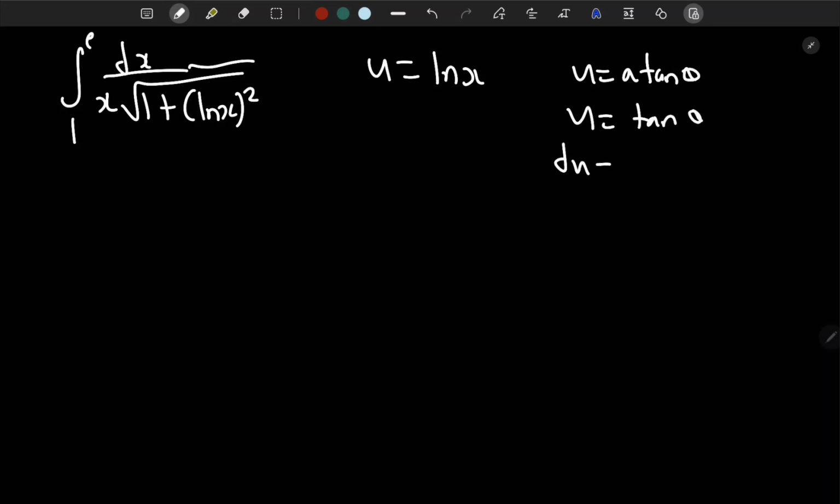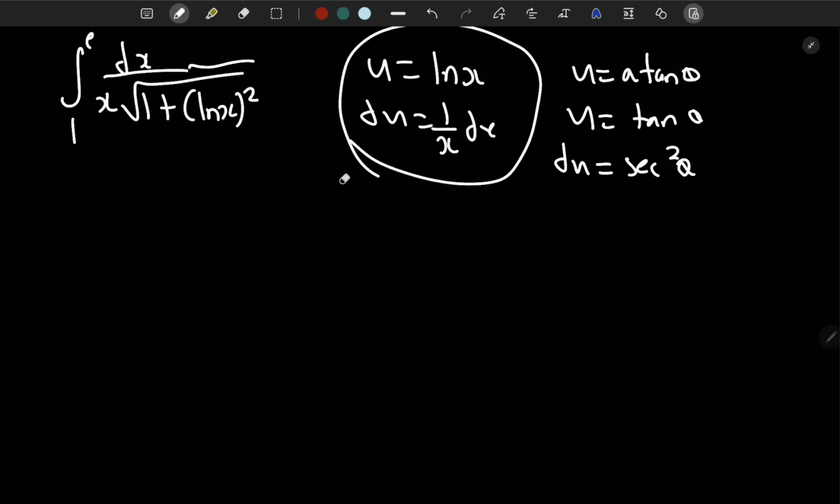Here du is going to be equal to secant squared delta, and here it is going to be equal to 1 over x dx. So now let's go back and replace our first u here, and I'm going to leave the limit for now, with dx over x, and we realize that this x will be cancelled out, since once this goes over there, dx is going to be equal to x times du.